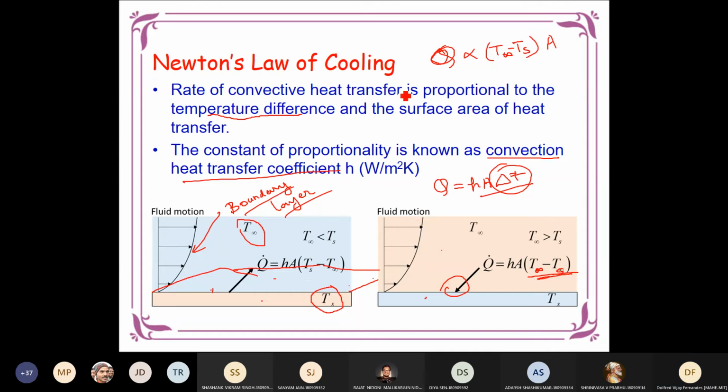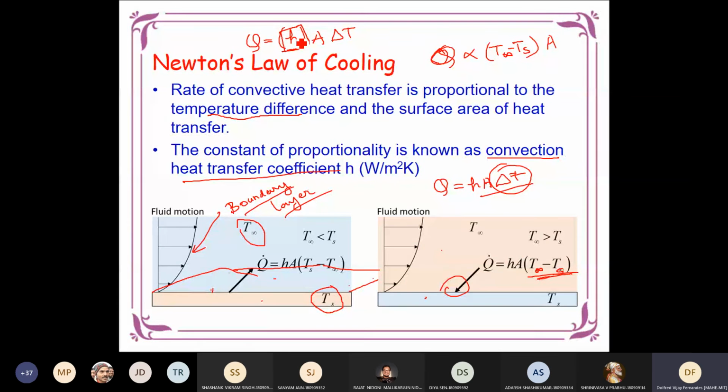Okay, so Newton's law is a very useful tool for us, but the problem with this law is that usually we underestimate that there is a quantity, h, which is much more complex than the thermal conductivity. Thermal conductivity is a thermodynamic property of the material.